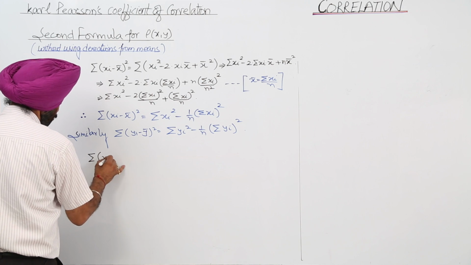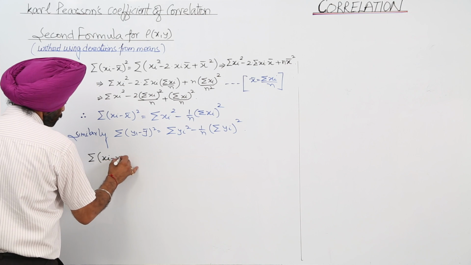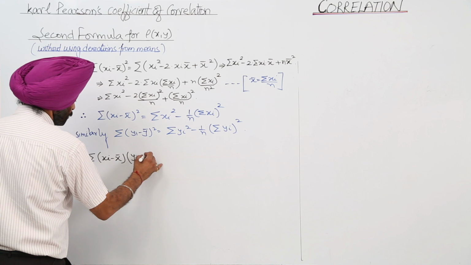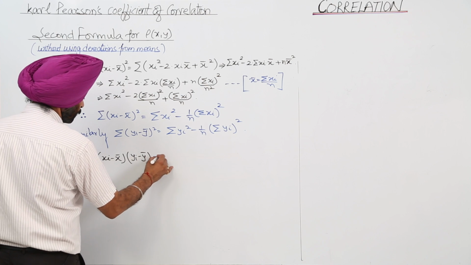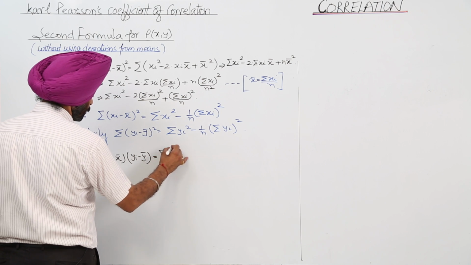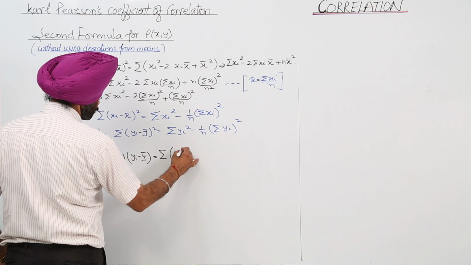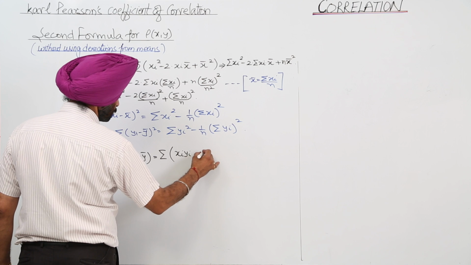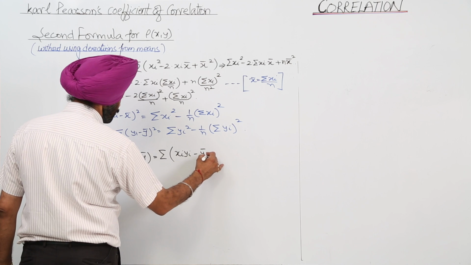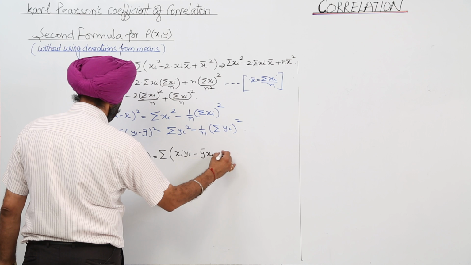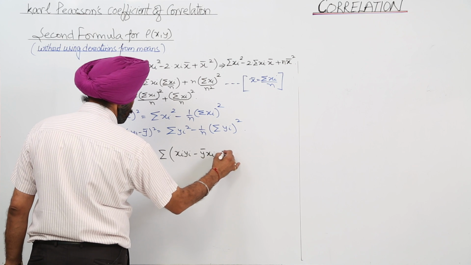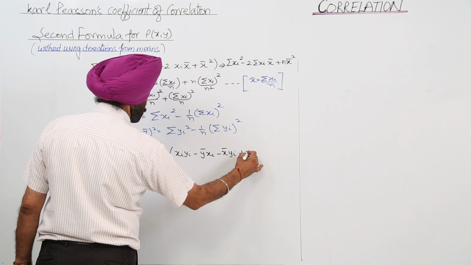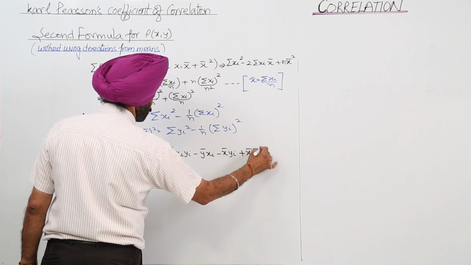It is summation of (xi minus x mean) with (yi minus y mean). Now this becomes summation of xi yi minus y mean xi minus x mean yi plus x mean y mean.